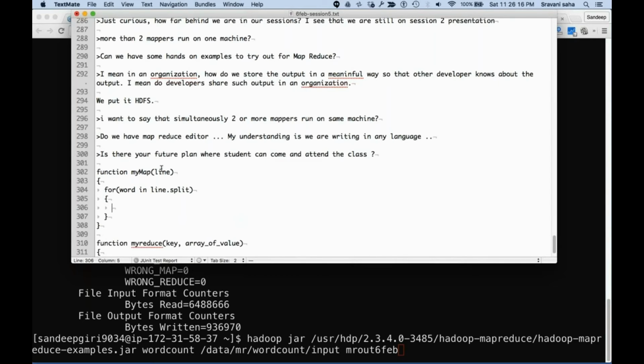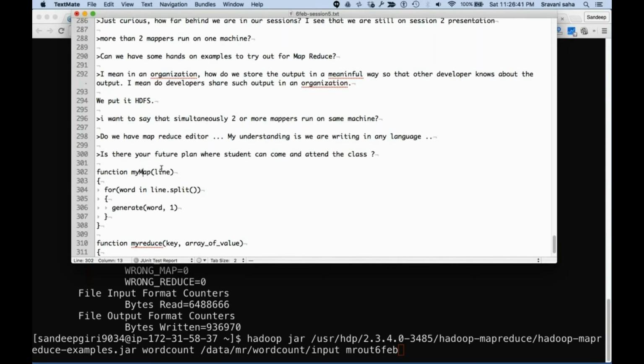And then inside this, I'm trying to say print word comma 1. We have split the line into words, and for each of the words we are printing this, or you can say generating this. This is pseudocode I'm trying to write.